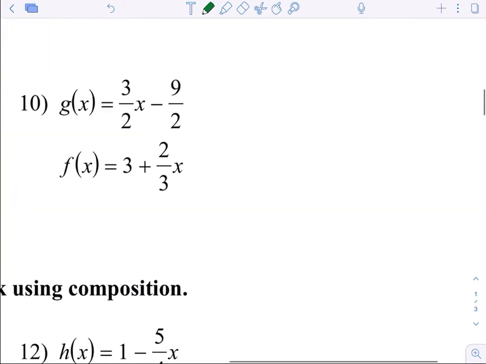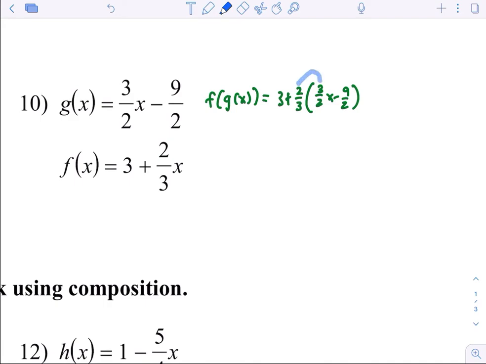Number 10, f of g of x. So all of this, substitute it into there. So we're going to get 3 plus 2/3 all out of 3/2 x minus 9/2.